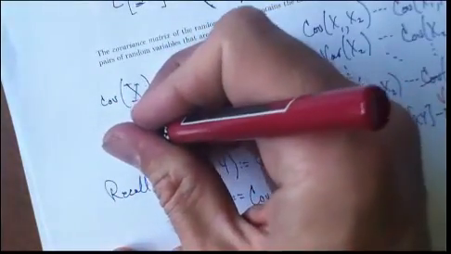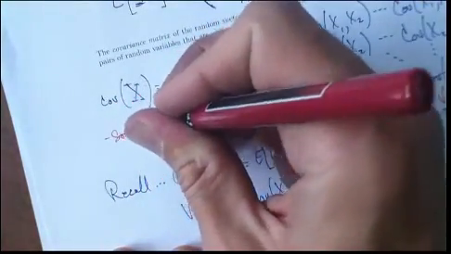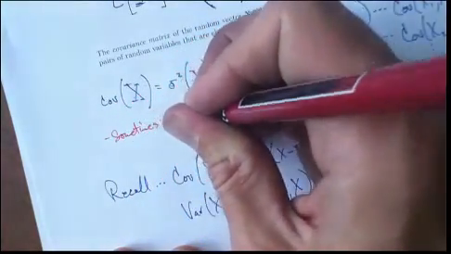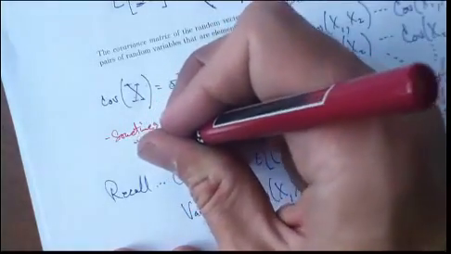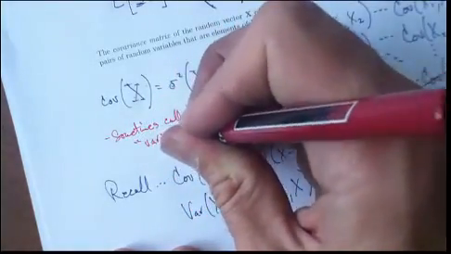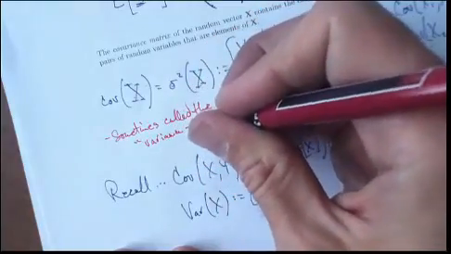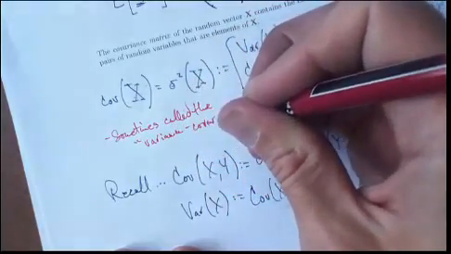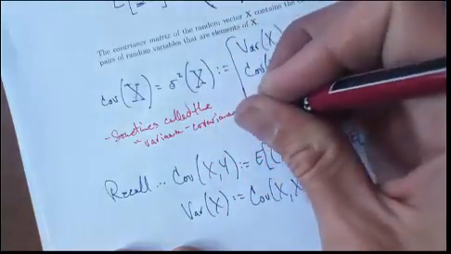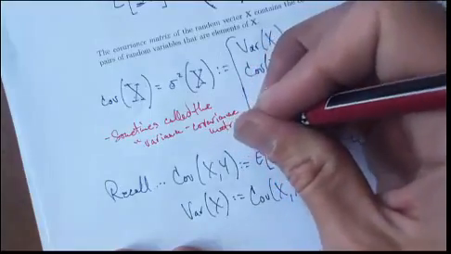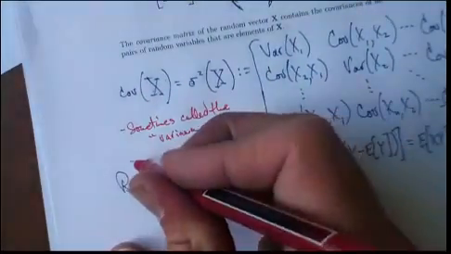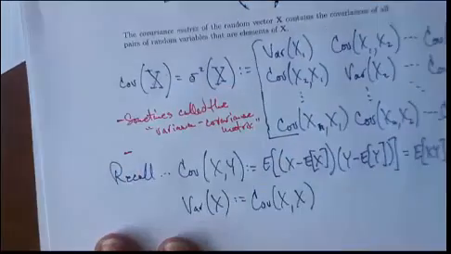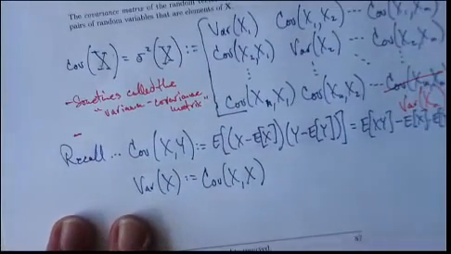Sometimes this matrix is called the variance covariance matrix, because it has variances in it along the main diagonal, or just called the covariance matrix, whatever.